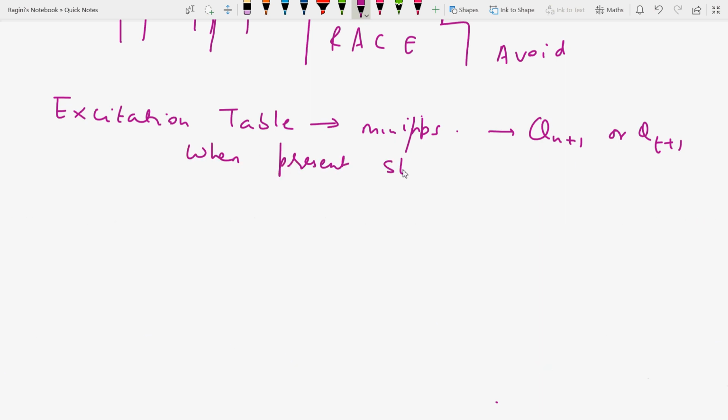Mainly this excitation table depends upon the truth table of the SR flip-flop.